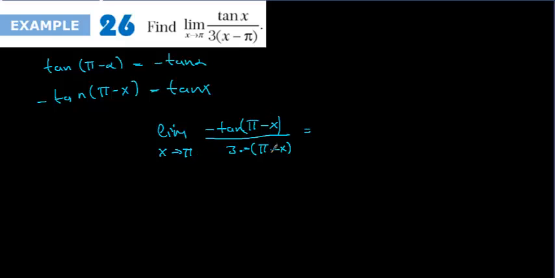So this is the tangent t over t case, and it's equal to limit x tends to pi. Minus and minus simplify each other: tangent pi minus x over 3 times pi minus x. This one and this one is going to be equal to 1. So 1 over 3 is the answer.